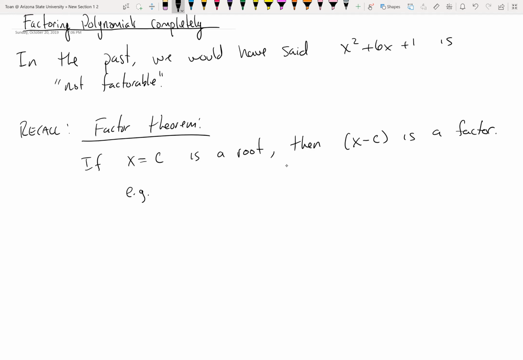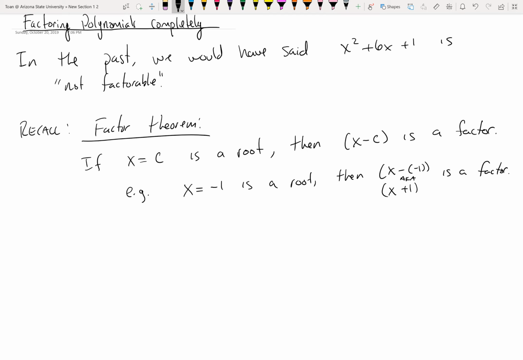In other words, if I know that x equals, say, -1 is a root, then automatically I know that x minus a -1, which is just x plus 1, is a factor. So what it says is if we can solve equations, we should be able to factor them.